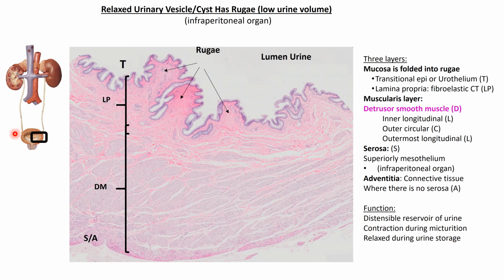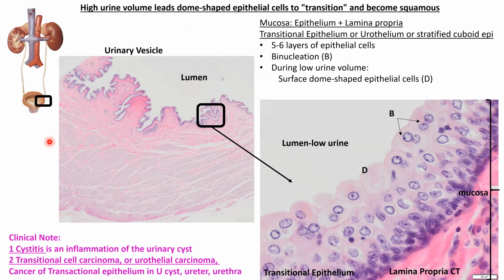Okay, and you can see we just came from the minor calyx and ureters, so we are here right now in the flow. This image explained to you the different features of the transitional epithelium or urothelium or stratified cuboid epithelium. You can see 5 to 6 layers of epithelial cells on top of each other. Often you're going to see binucleation.